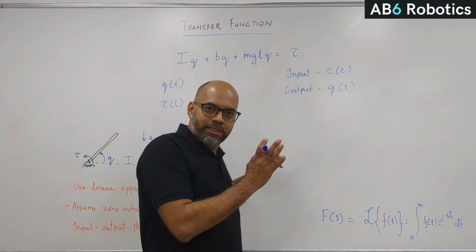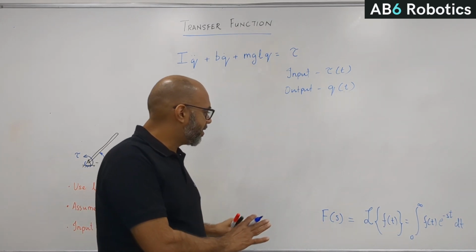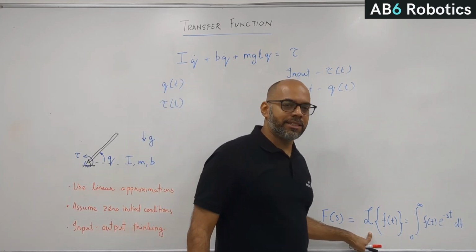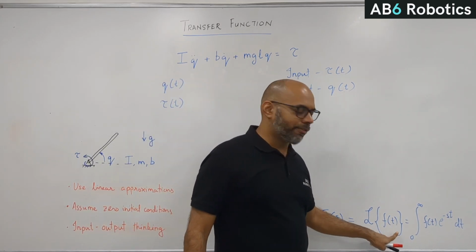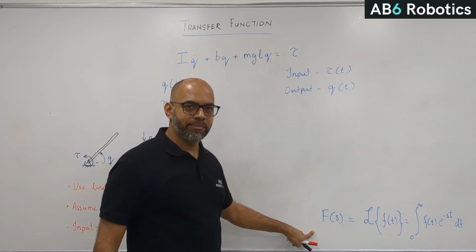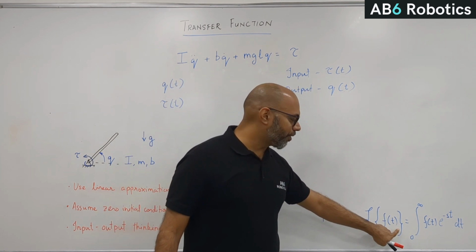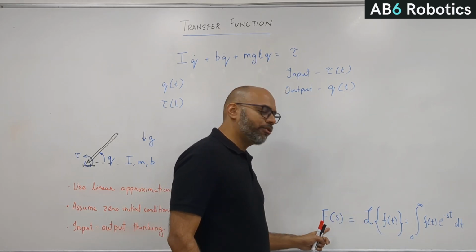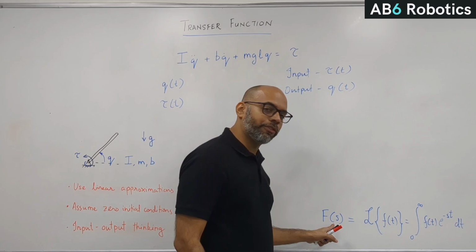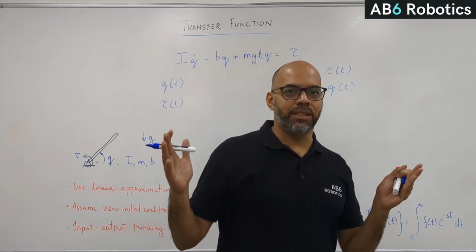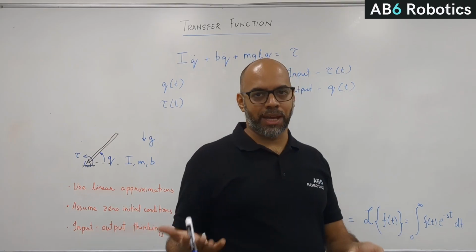As I said, it always looks confusing at first, but really what is it? This is nothing but a translation of this function from one representation to another representation. Right? Here it's a function of time t. Once you take the Laplace transform, you get a new function, which is a function of s, which is still representative of that same variable, just represented in a different manner.